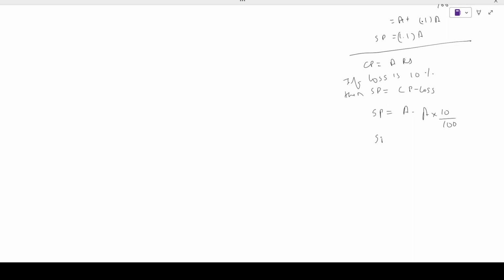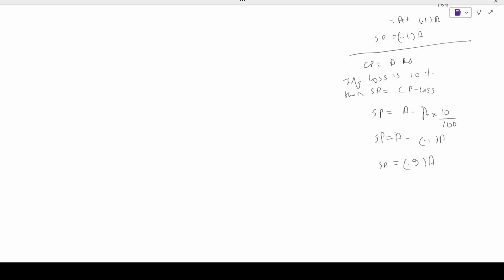So selling price turns out to be A minus 0.1 times of A, that is 0.9 times of A. Try to understand how we got 0.9 A when the loss is 10%. You have to just subtract that in the form of decimal from 1. From unit, if you subtract the decimal form, you get the selling price in the form of A.